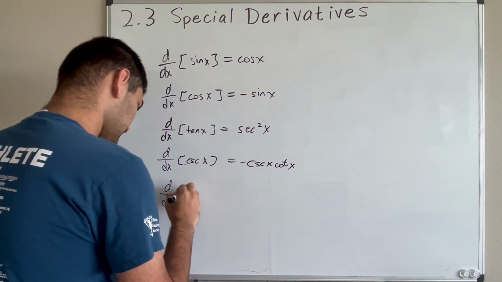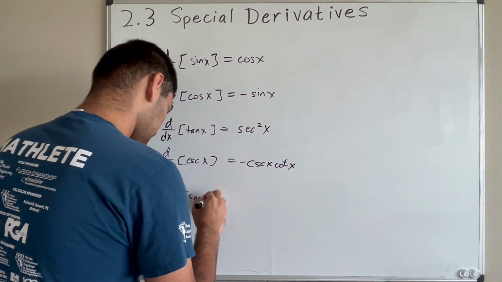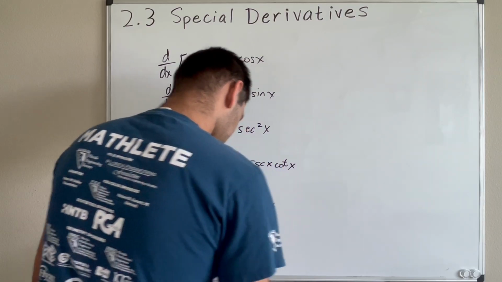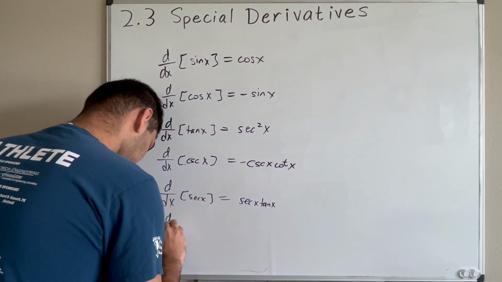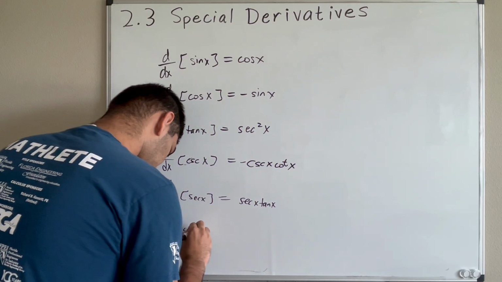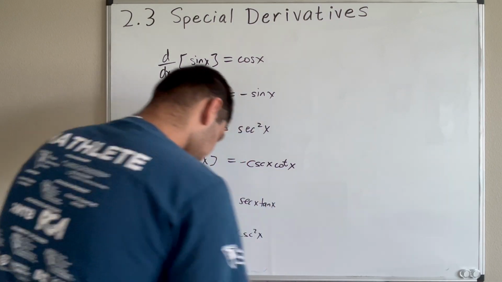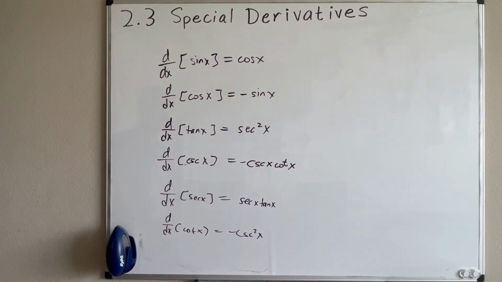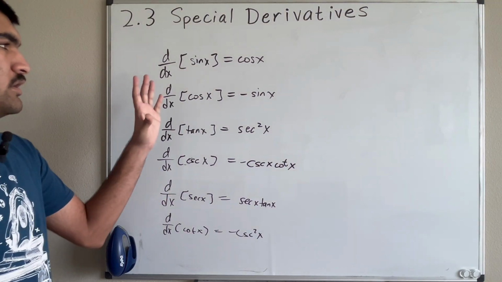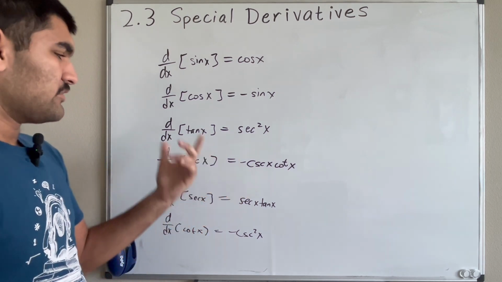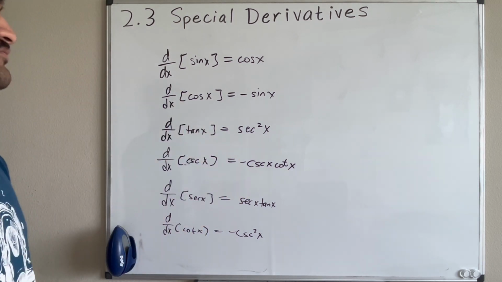Derivative of secant is secant tangent. And then finally the derivative of cotangent is negative cosecant squared.